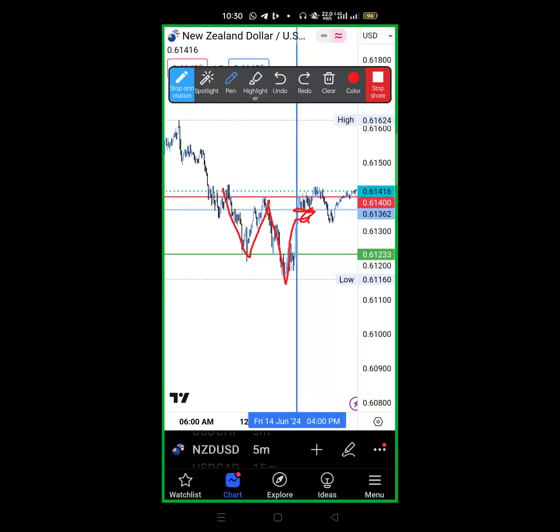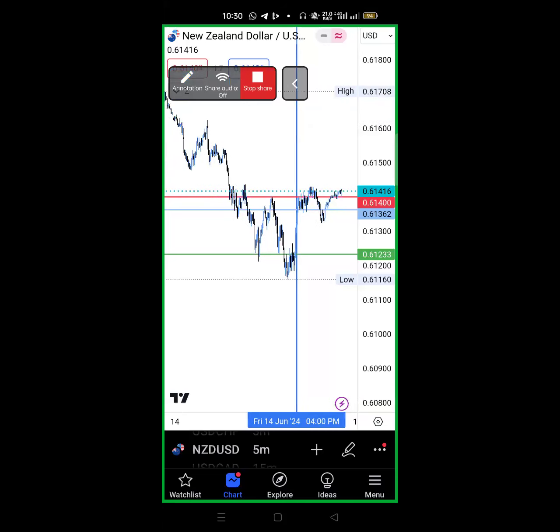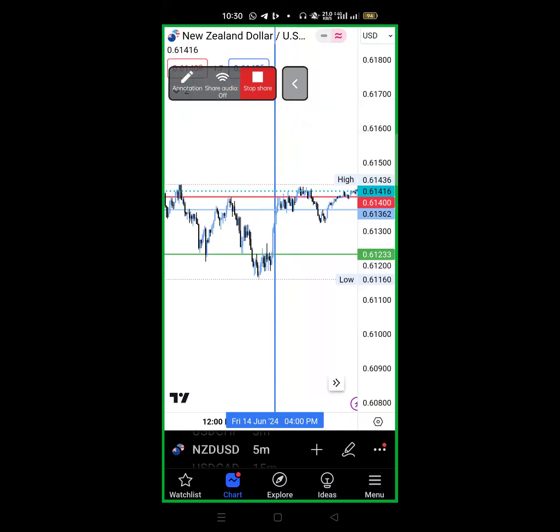But now you, as a liquidity trader and somebody who understands change of character, you don't enter a trade unless you see these things. Number one, you want to see the market make a move of change of character in your direction. You are looking for a sell, so you're looking for a change of character downwards, not upward.